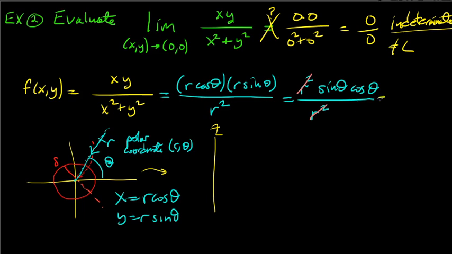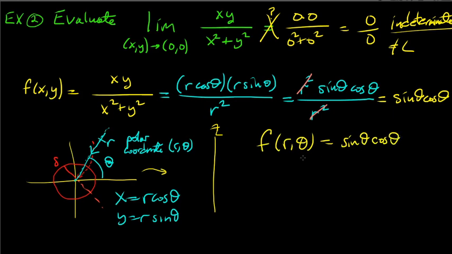So we've rewritten this in terms of just theta. This is sine theta times cosine theta. So you can think of the function now as a function of r and theta, and it turns out to be totally independent of r. It doesn't matter what r is, but it does matter what theta is. You could, of course, also write this as 1/2 sine of 2 theta. But either way, it depends on theta.